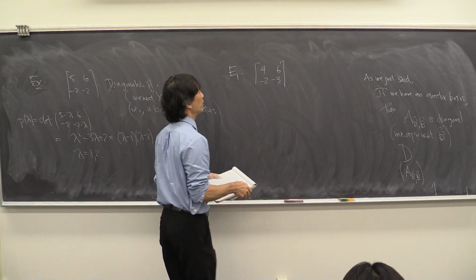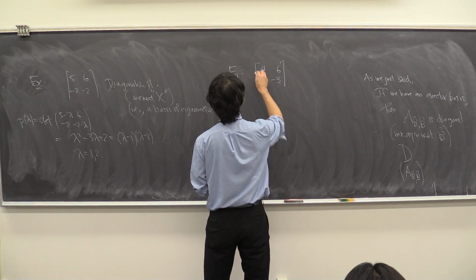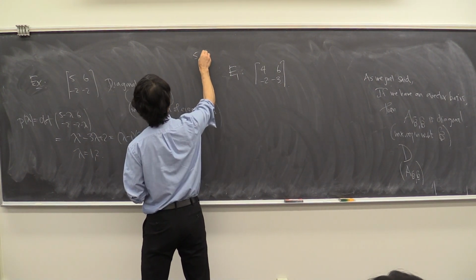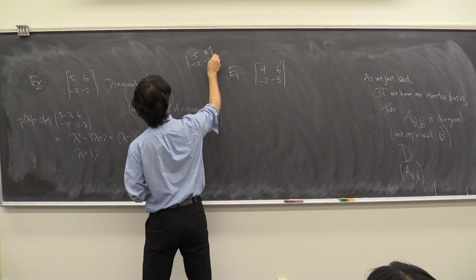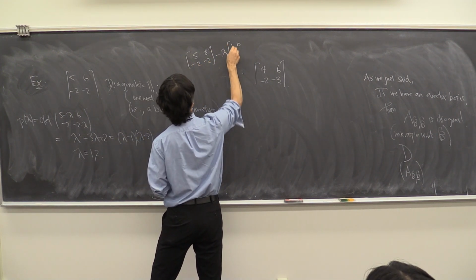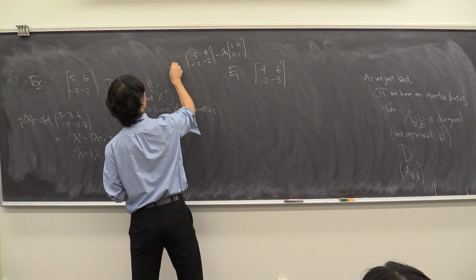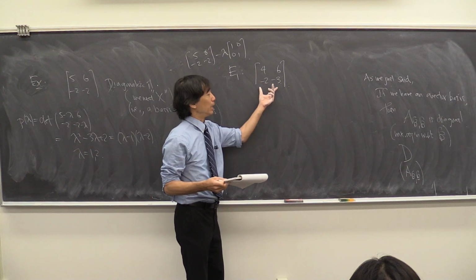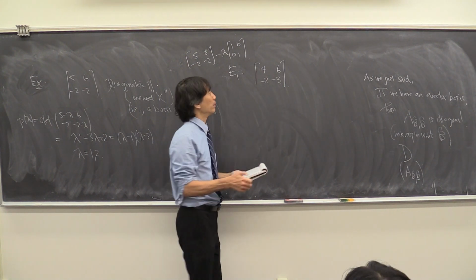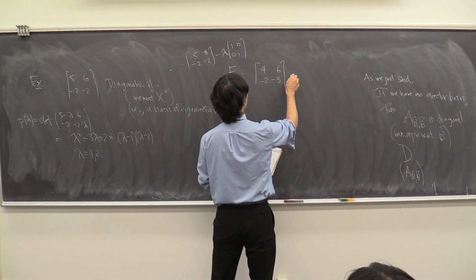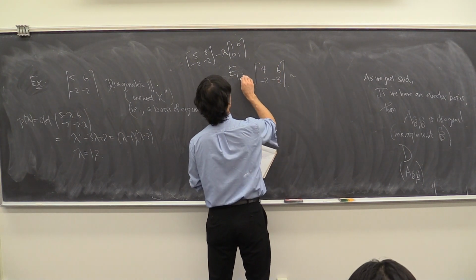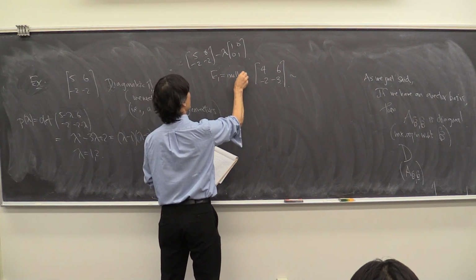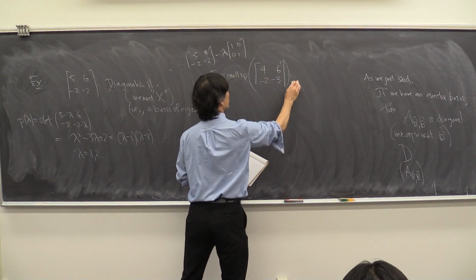Remember, we look at 5, 6, -2, -2 minus lambda times 1, 0, 0, 1, and we're looking at the null space of this. So E1 equals the null space of this.